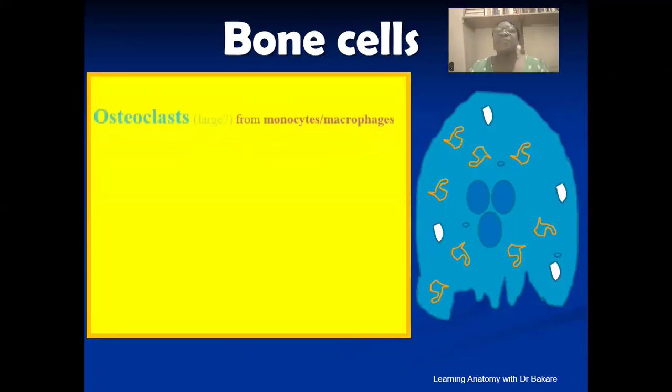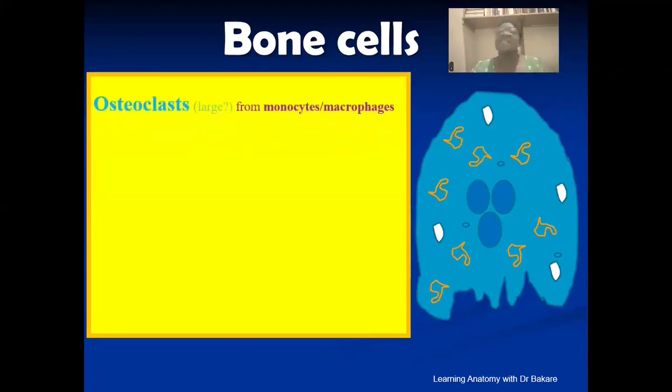The next type of bone cell is the osteoclast. This osteoclast is different. Remember in our previous slide, we said that the mature bone cell is the osteocyte. These osteoclasts are from monocytes or macrophages, and they are seen to be large in size. If you look at this image by the side, this is the configuration of the osteoclast. What they are responsible for basically is the digestion of the extracellular matrix.